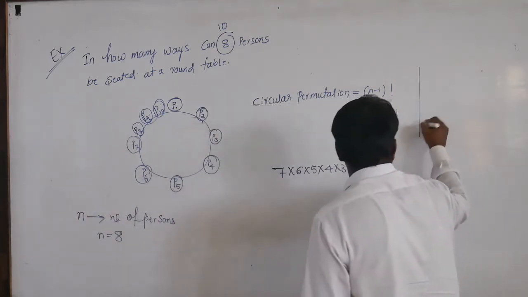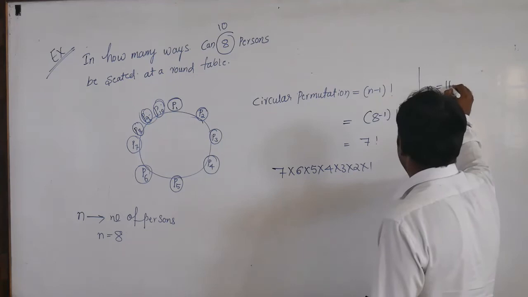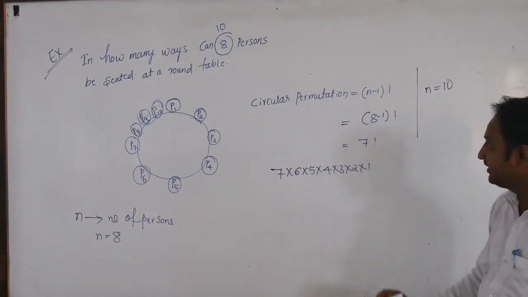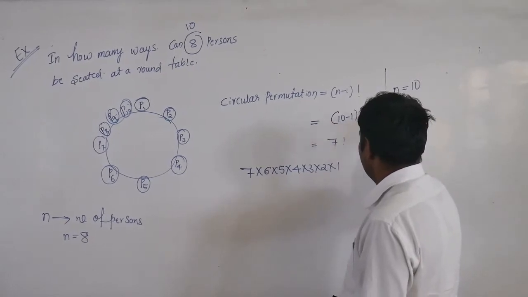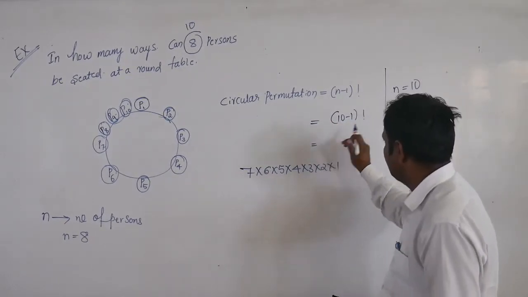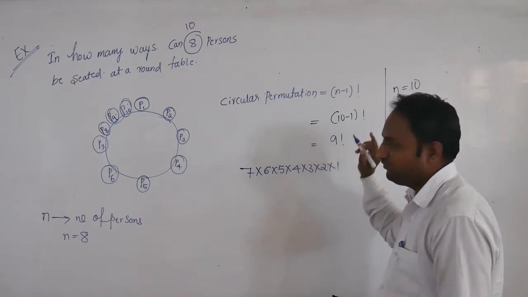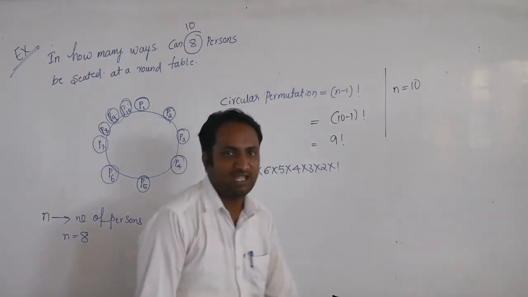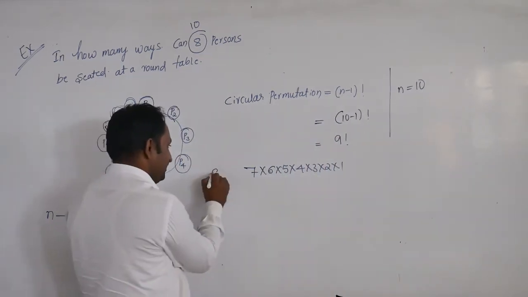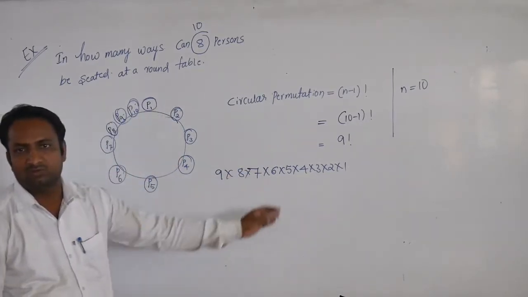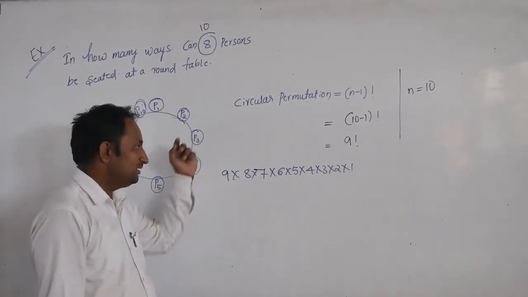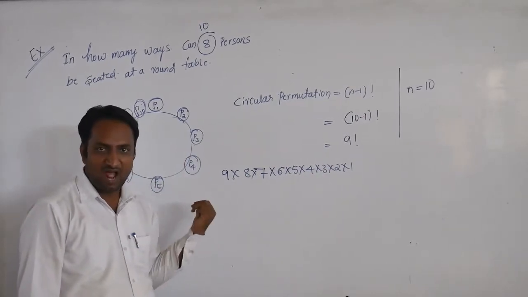In this case n value is 10. Here 10 minus 1 factorial, 10 minus 1 means it's 9 factorial. 9 factorial can be expressed as 9 into 8 into 7 up to 1. Multiplying, we get our answer.